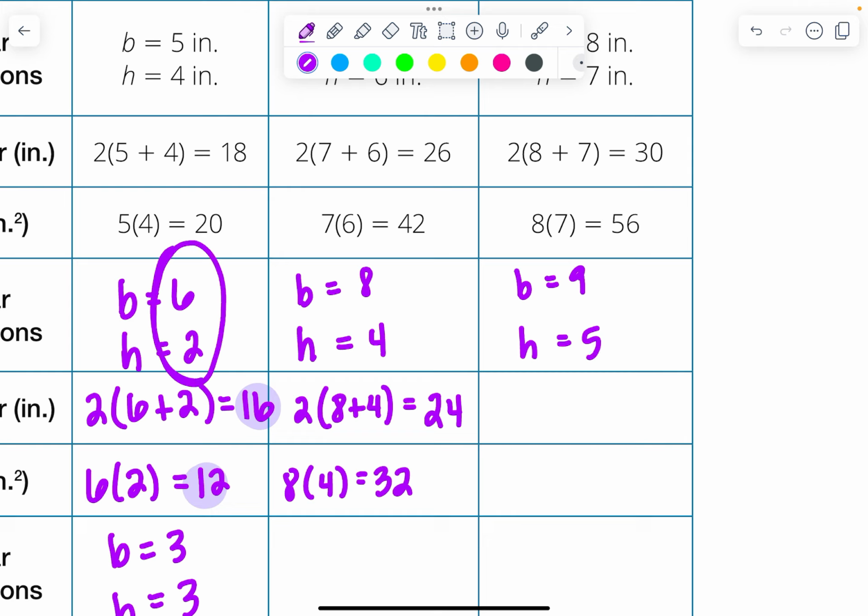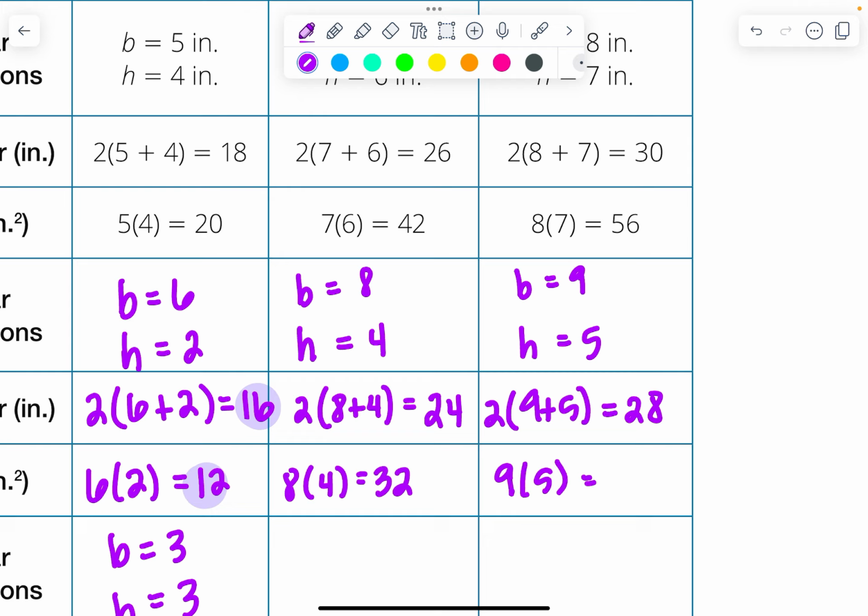And again, we're taking these numbers and we're adding 3. When we find the perimeter, we can just add the 9 plus 5, which is 14, double that, and that's 28. Then we're just going to multiply 9 by 5 for the area because it's just base times height to get 45.